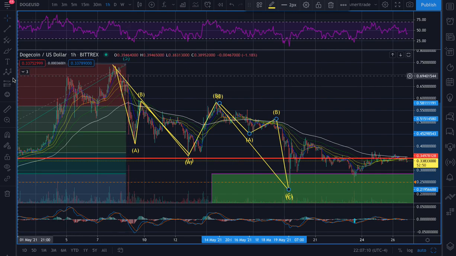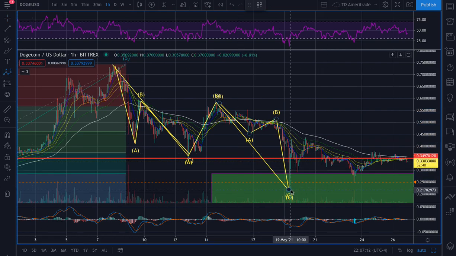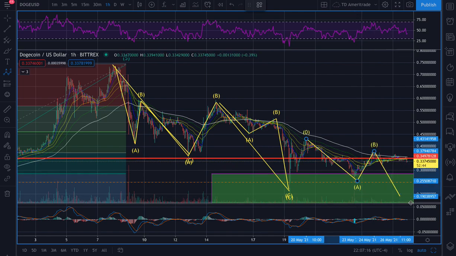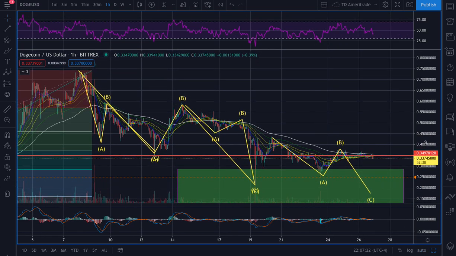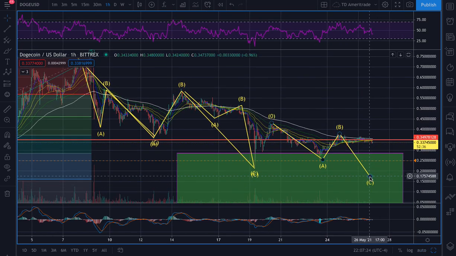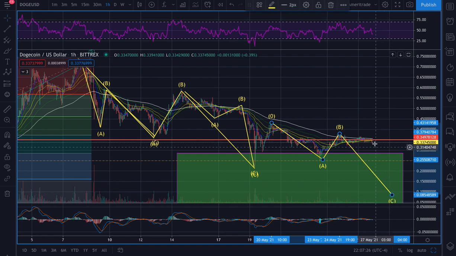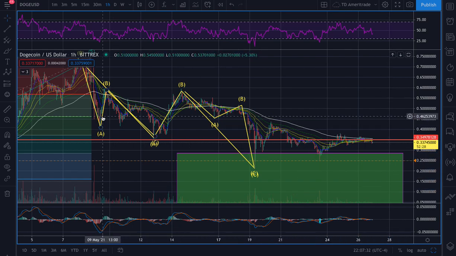So that's what I was wondering, if this was going to be another ABC like that. But we're going to find out. This could not be the case right here.